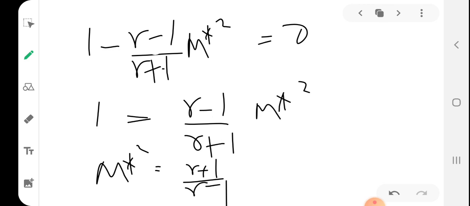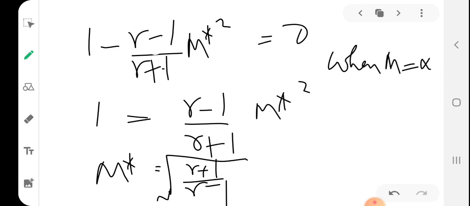So M star will be root of gamma plus 1 by gamma minus 1. So students, when M equal to infinity, M star will be some finite value.